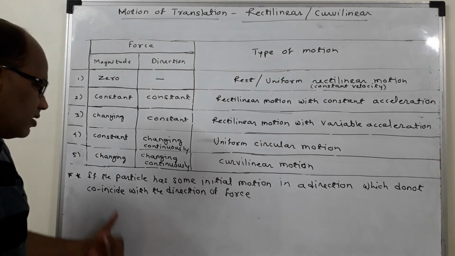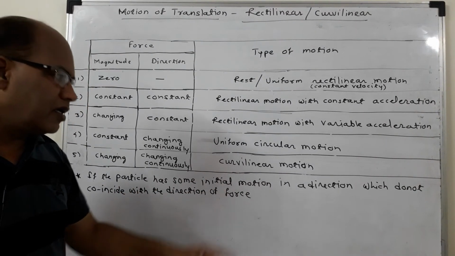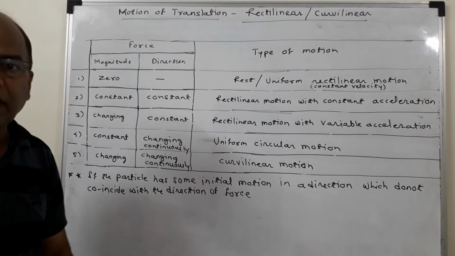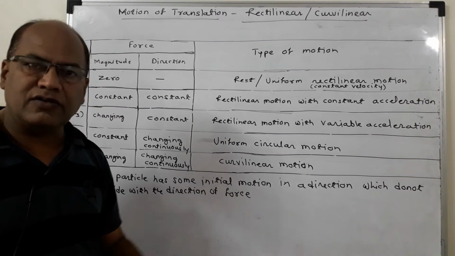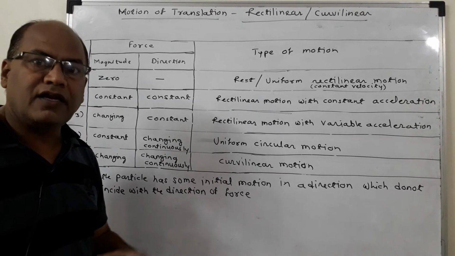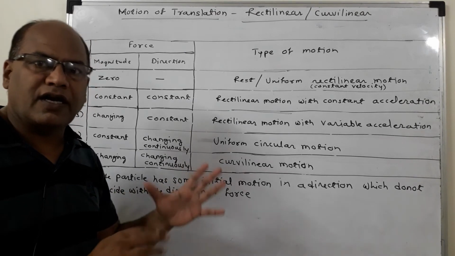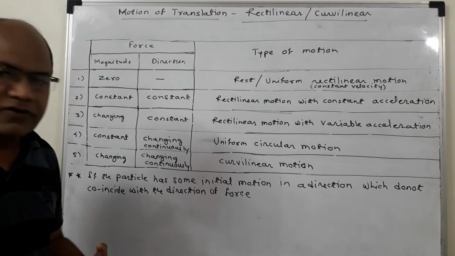But there is one exception. If the particle has some initial motion in a direction which does not coincide with the direction of force acting on the particle, then even though the direction of force is constant, curvilinear motion is possible.